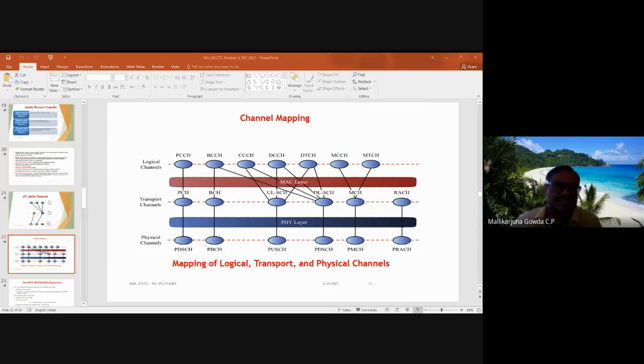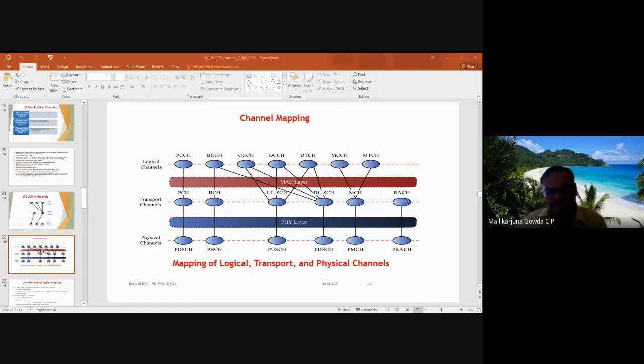Then there is a one-to-one mapping. Sorry, this is the paging control channel. This paging control channel is mapped to the paging channel of the transport channels, which in turn is mapped to the physical downlink shared channel. And the broadcast control channel is mapped to the broadcast channel of the transport channel, which is mapped to the physical broadcast channel.